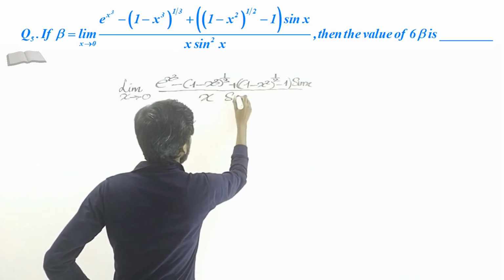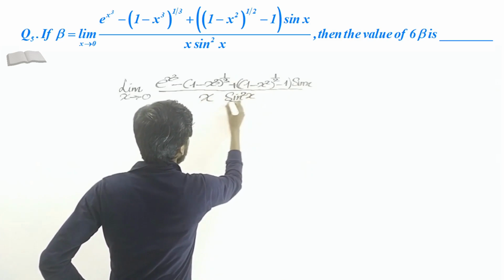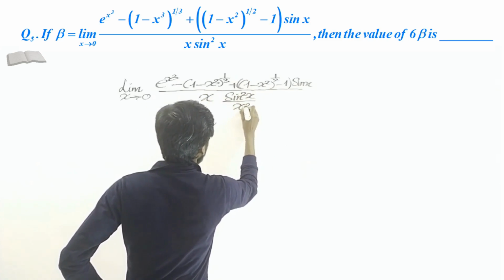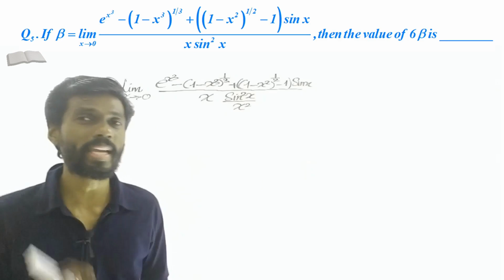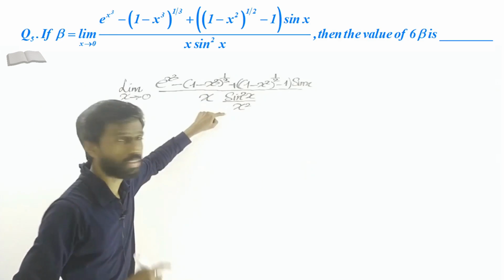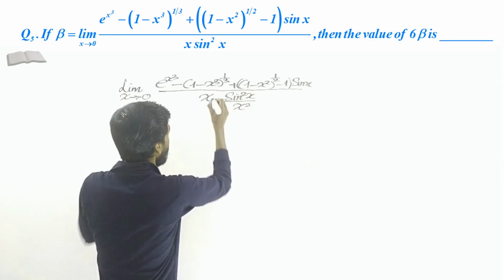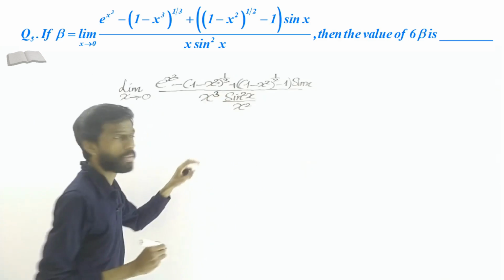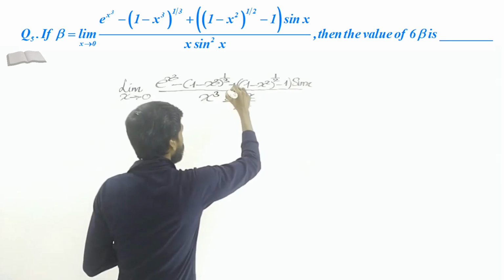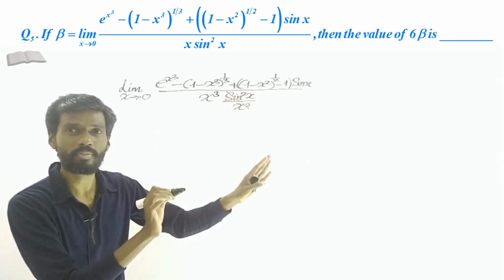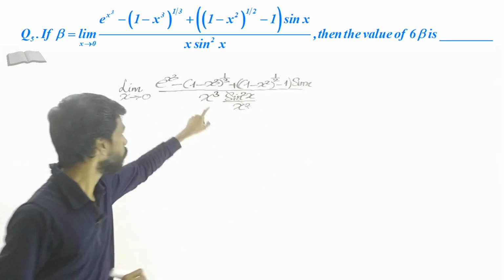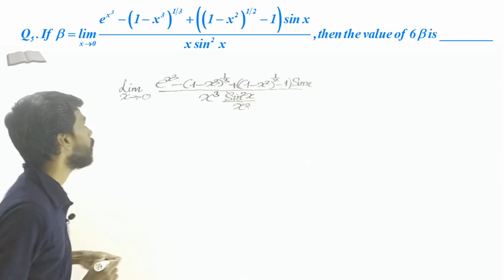But x sine square x can be written so that sine square x is there, so divide this by x square, so that we can use the formula sine x by x tends to 1. So sine x by x tends to 1, you divide by x square, you multiply by x square, so that will become x cube. So this term is gone, because that limit is 1. Separately we can find the limit, so that limit is 1, so we are only left with the x cube in the denominator. So let us simplify this.